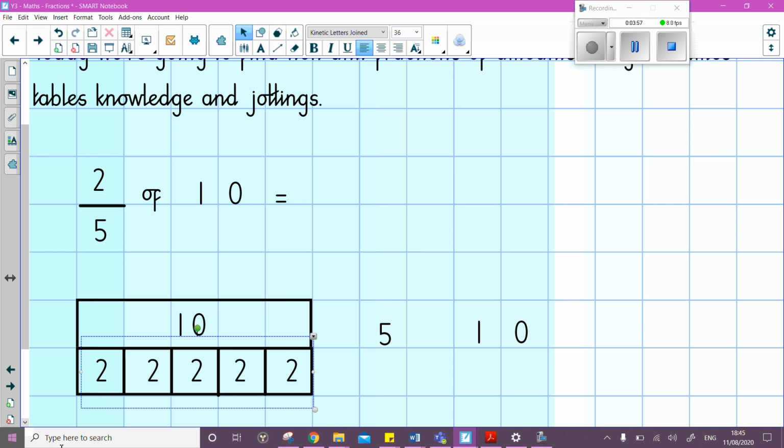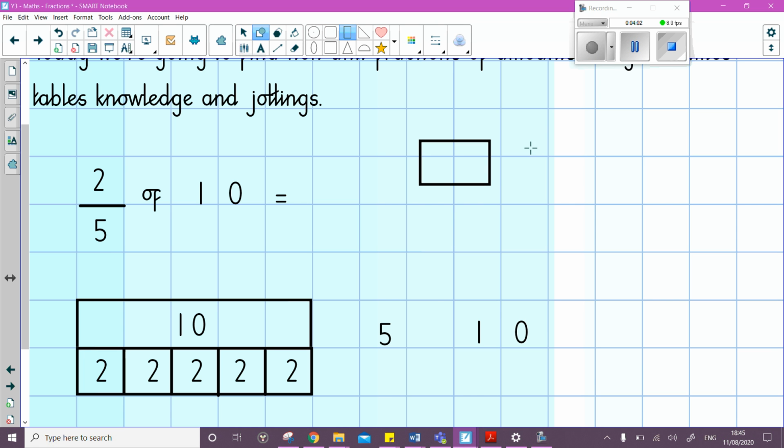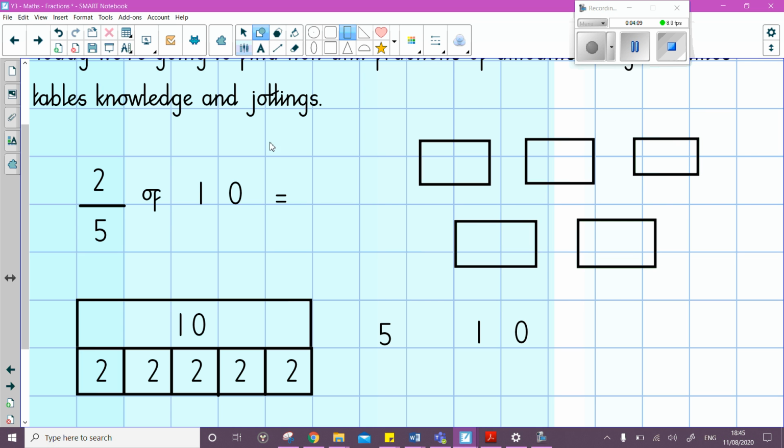Another way I could show that is I could have 5 equal groups, 1, 2, 3, 4, 5, and I could share my 10 tennis balls equally between these 5 equal groups, 1, 2, 3, 4, 5, 6, 7, 8, 9, 10. So in each equal group there are 2 tennis balls, which is what we have here, and we can double check that by adding them together: 2, 4, 6, 8, 10.